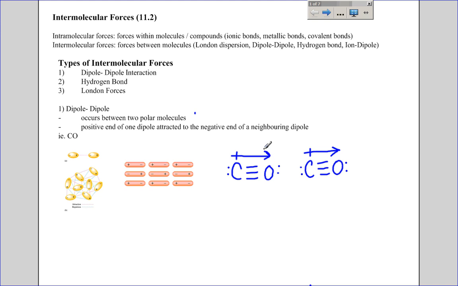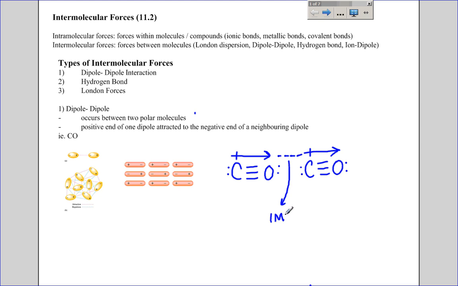As you can see, the dipole on this molecule is slightly negative here, and on the neighboring molecule, it's slightly positive. So there's an attraction between the dipoles of the molecules, and that's where the intermolecular force lies.